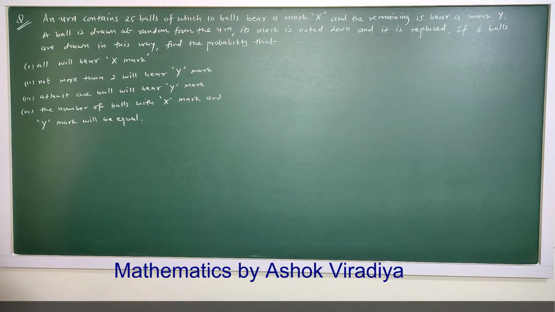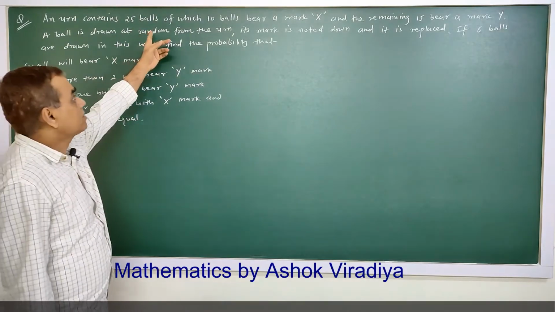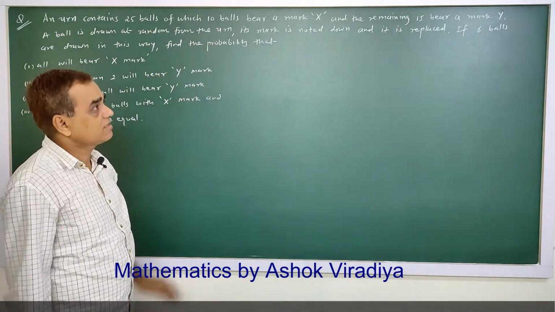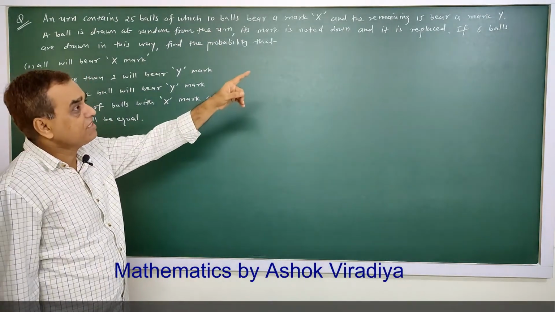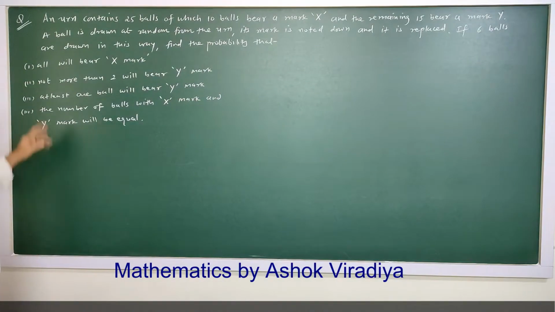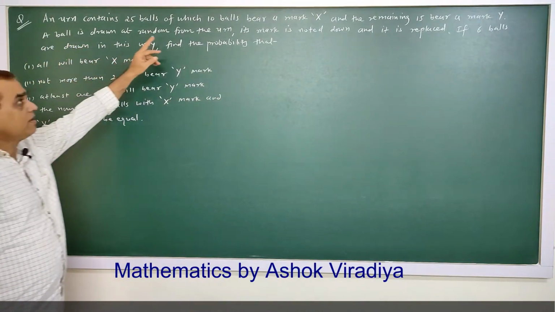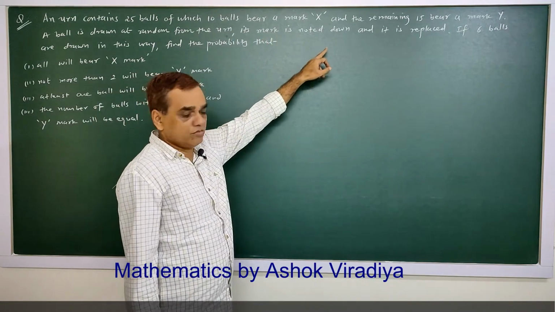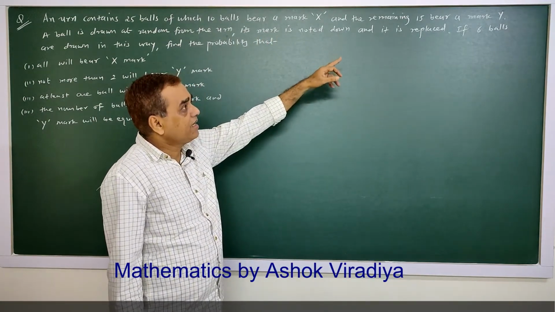Now next question. An urn contains 25 balls, of which 10 balls bear a mark X and the remaining 15 bear a mark Y. A ball is drawn at random from the urn. Its mark is noted down and it is replaced.